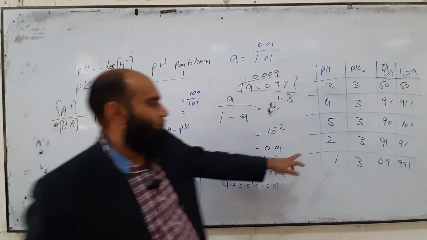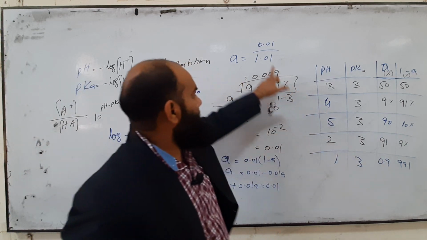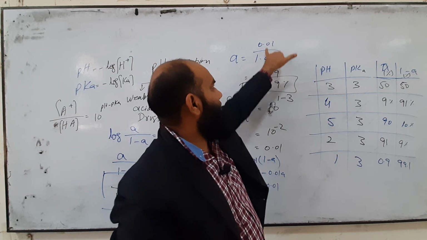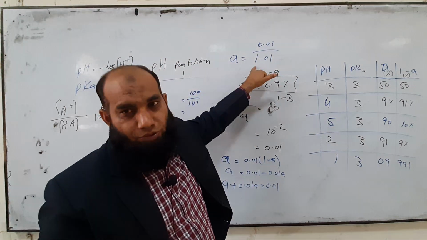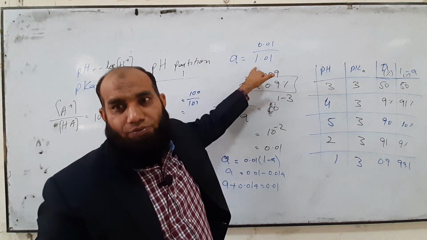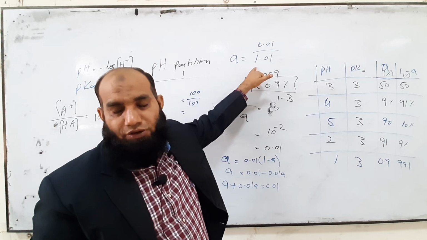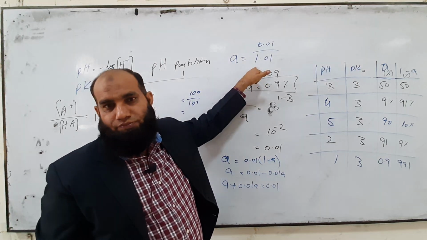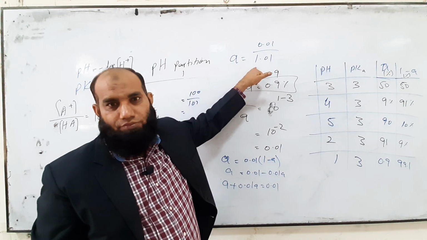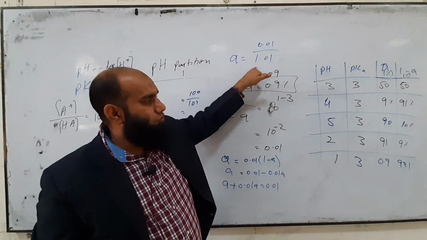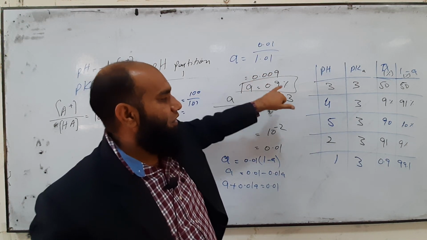For example, in case of 2 minus 3, the answer is 0.1 divided by 1.1. What will be the answer? 0.1 divided by 1.1 is 0.09. 0.09 means 9%.